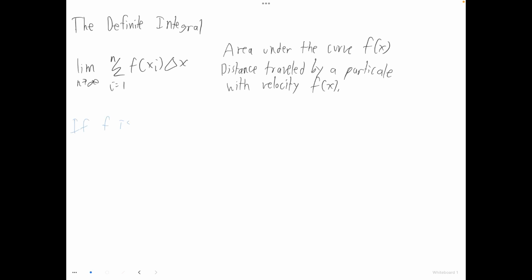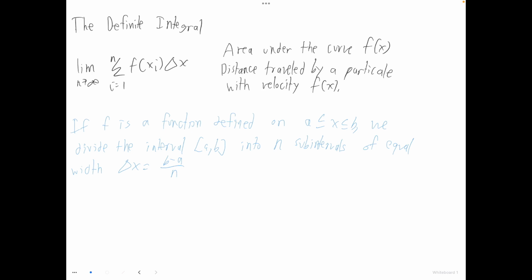If f is a function defined on a less than or equal to x less than or equal to b, we divide the interval a to b into n sub-intervals of equal width delta x, which is b minus a divided by n.